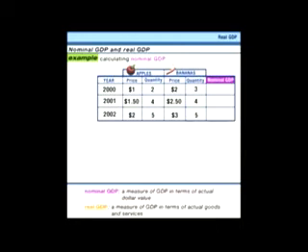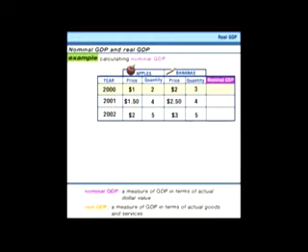I'm going to put a $ sign here to remind us that whenever we're talking about prices, we're talking about nominal variables. Let's suppose that there are 3 bananas produced and the price of a banana is $2 per banana. So the gross domestic product in the year 2000 is $1 times 2 apples, or $2, plus $2 a banana times 3 bananas, or $6. 6 plus 2 is a gross domestic product of $8.